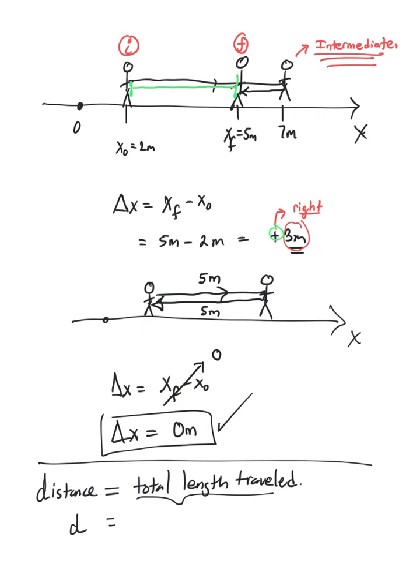So even when moving to the left, distance would still be positive. So distance is a scalar. It has no direction to it. So moving right, it's positive. Moving left is also positive when it comes to distance as opposed to displacement. So we move 5 meters to the right plus an extra 5 meters to the left for a grand total of 10 meters traveled for the distance.